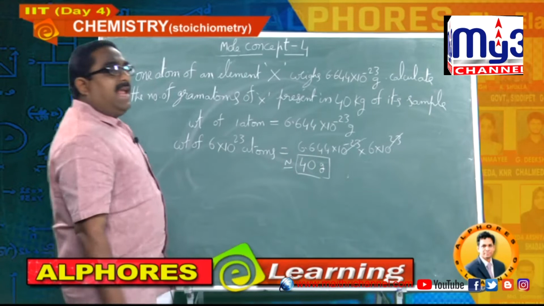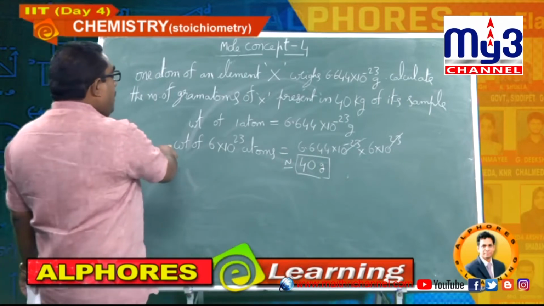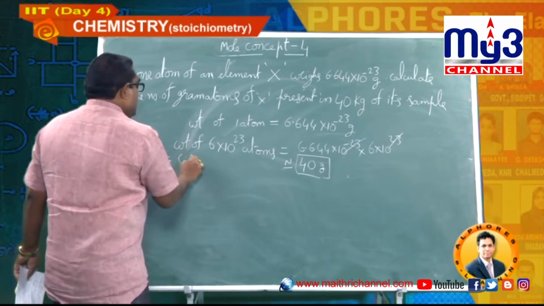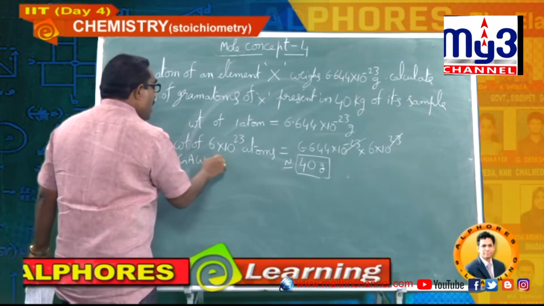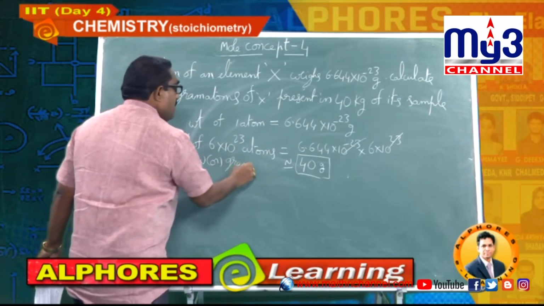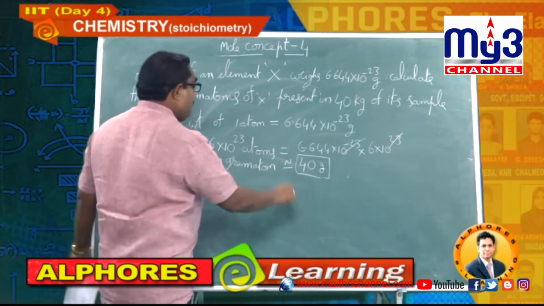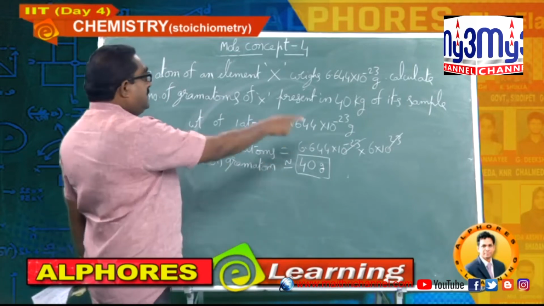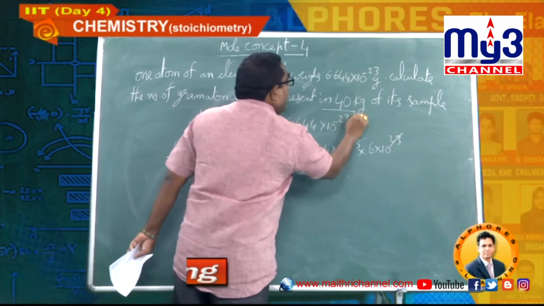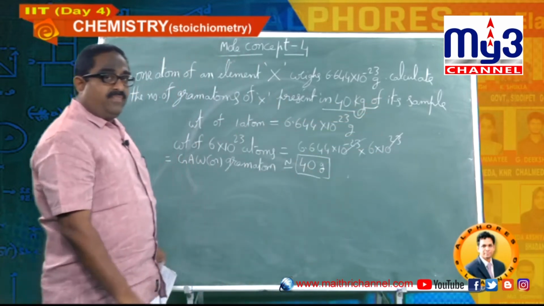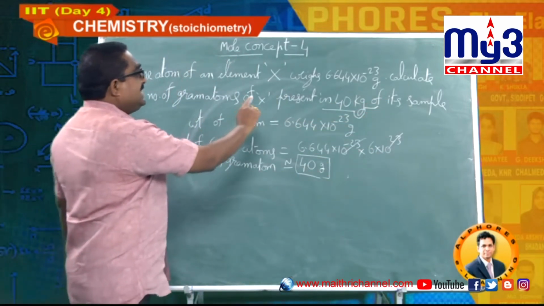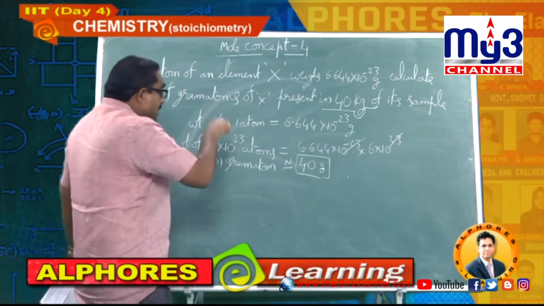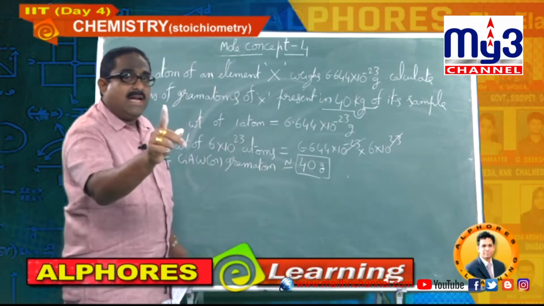Now this weight of 6 into 10 power 23 atoms is nothing but GAW, or gram atom. Yes. Now we can calculate the number of gram atoms present in 40 kg of sample of X given to us. Now we got the gram atom as 40 grams only.